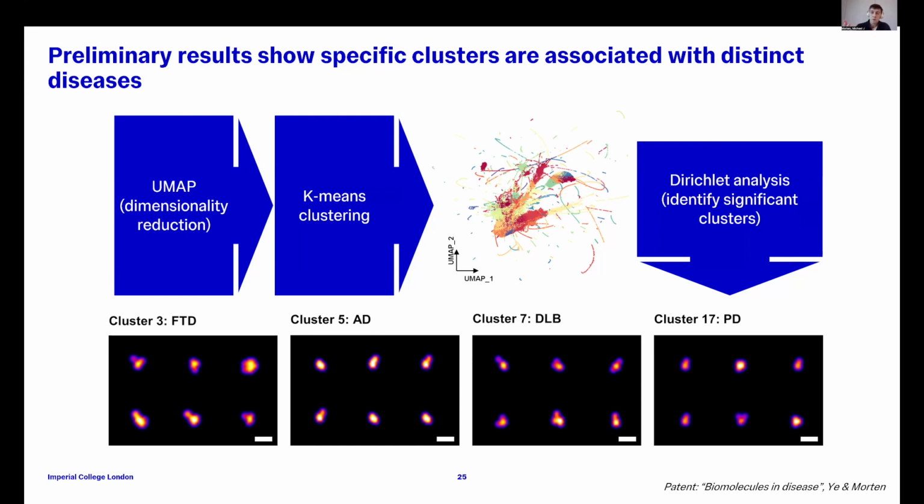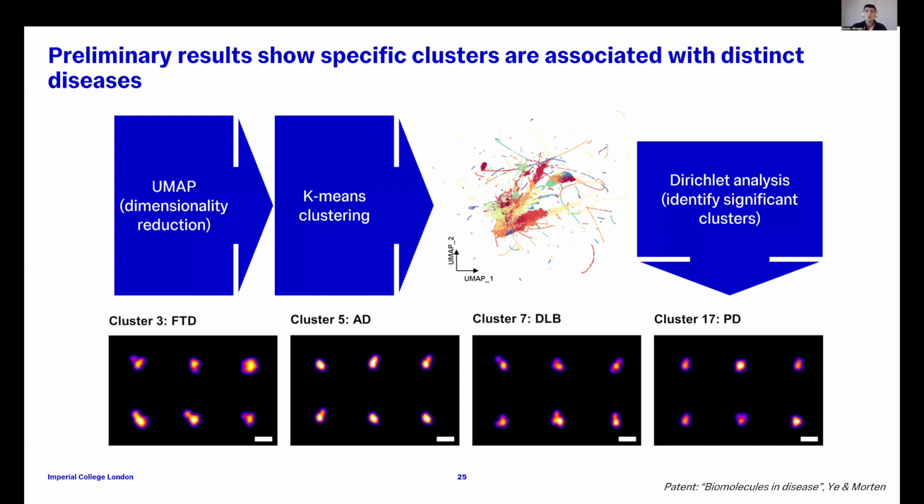If we observe an increase of aggregates in a particular cluster, we would expect a corresponding decrease amongst other clusters to cancel that out. What the Dirichlet analysis does is robustly identify the statistically significant increases and decreases within each cluster. Here, it has highlighted several different clusters for each disease, and I'm just showing you one cluster per disease that has been identified by this analysis to be associated with that specific disease.